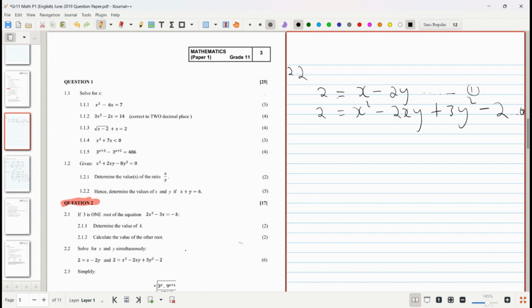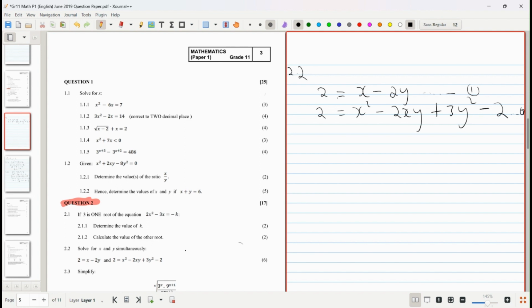The first step here is to check the easier equation between 1 and 2. The one that's easier to make x the subject of the formula, you choose that equation. We can all see that in equation 1, it's easier for us to make x the subject of the formula.